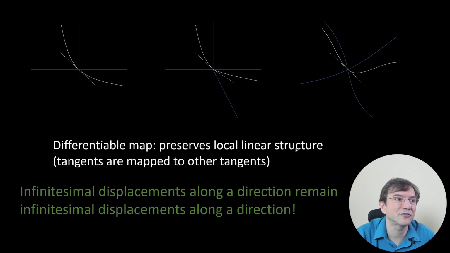And moreover, from our standpoint in physics, if we have an infinitesimal displacement along a direction, so if we imagine getting infinitely close to this point through a sequence of points, such that at some point we approximate that change as if we're coming from a tangent, we can do the same approximation on the other side. Infinitesimal displacements along a direction remain infinitesimal displacements along the direction, because they're in the neighborhood, they're infinitely close, and since we're mapping tangents to tangents, we are mapping those infinitesimal displacements to other infinitesimal displacements.